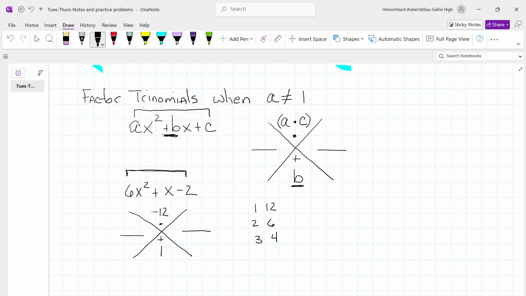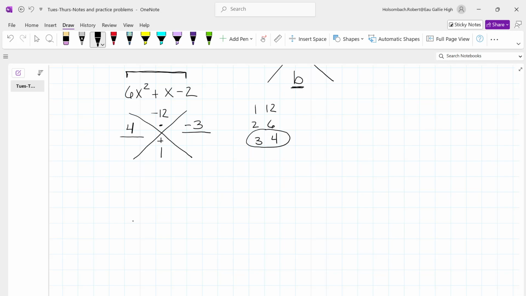Okay? So you can use the same technique as you did yesterday. If the middle term is positive, then the larger factor needs to be positive. So if we take the 4 and put it here, and the 3 over here, make it negative 3. So 4 times negative 3 equals negative 12. 4 plus negative 3 equals positive 1. Everybody okay with that?